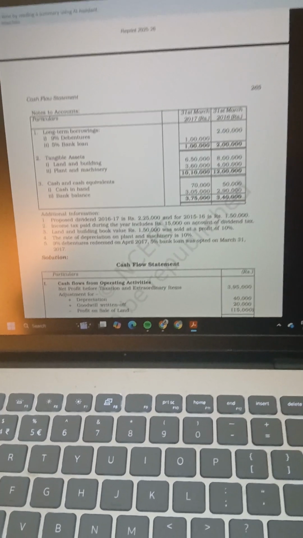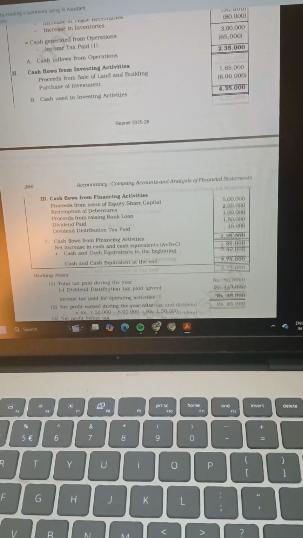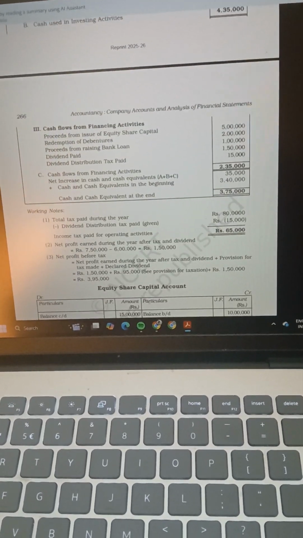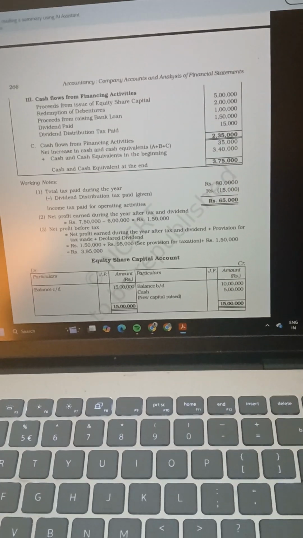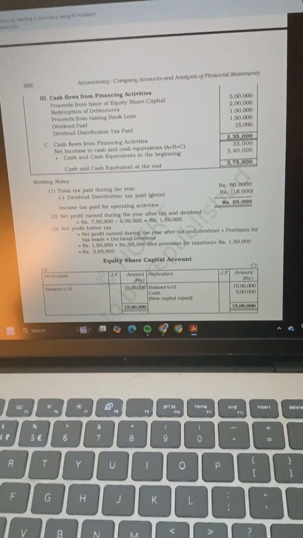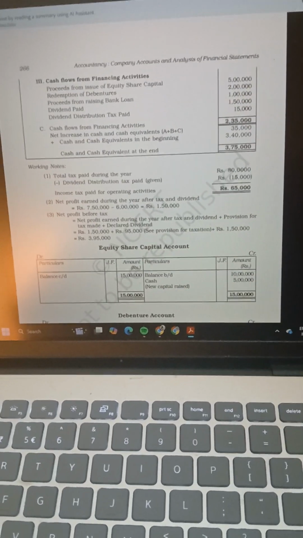So, before proceeding on to the preparation of the cash flow statement, we have to find out some amounts by preparing accounts relating to this, and some amounts by making some calculations.